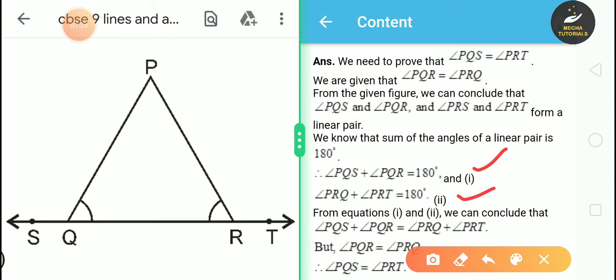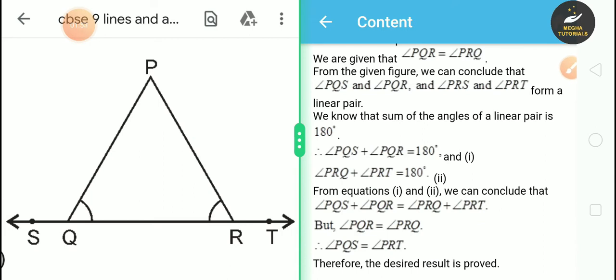So from equations 1 and 2 I can write angle PQS plus angle PQR is equal to angle PRQ plus angle PRT. Now it is given that angle PQR is equal to angle PRQ. Therefore we can cancel equal parts. So what will remain? Angle PQS is equal to angle PRT, which is the required proof.